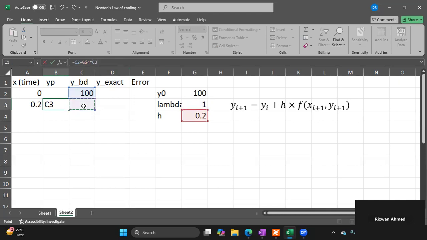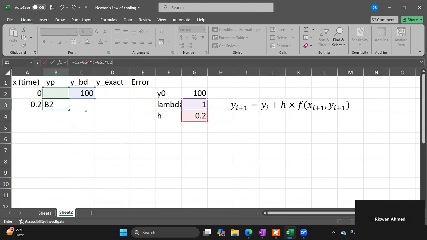Now, my expression has been lost, so I use this one again. Plus h times, h is $4, times the function value evaluated at the previous step. So it is minus lambda value, $3, times the previous value.